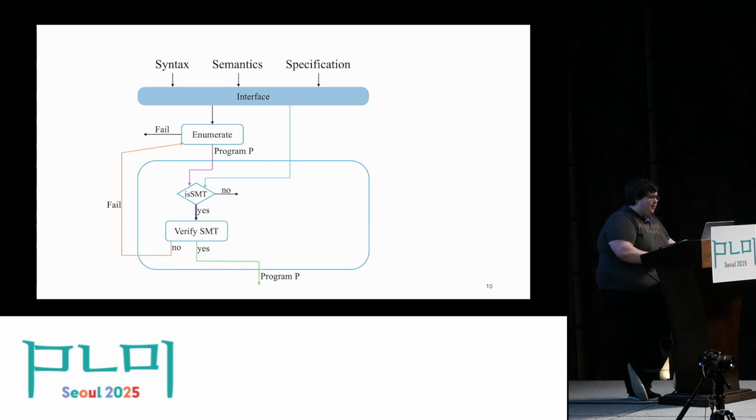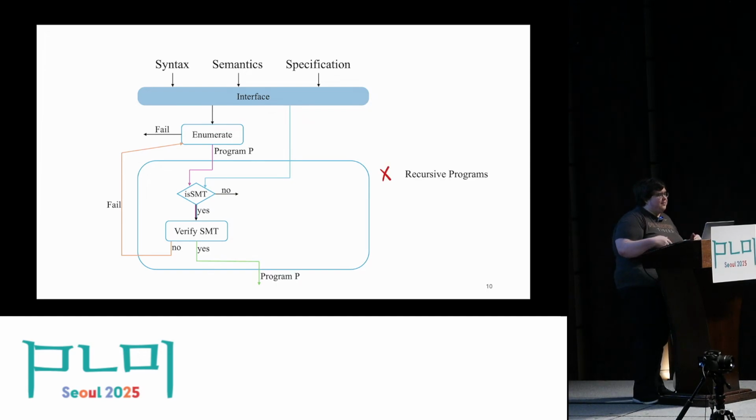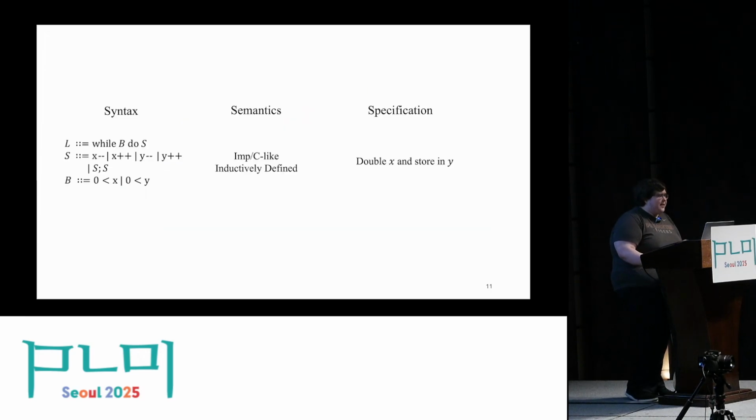Now, what if the problem isn't encodable in SMT, such as when you want to synthesize a recursive program? Then we have to figure out some other encoding. And so for this, let's go back to the second example that we looked at, this imperative program where we want to compute the double of x and store it in y using just increments and decrements in a loop.